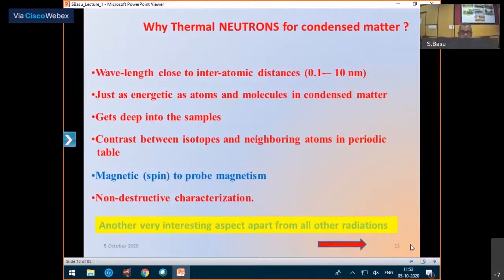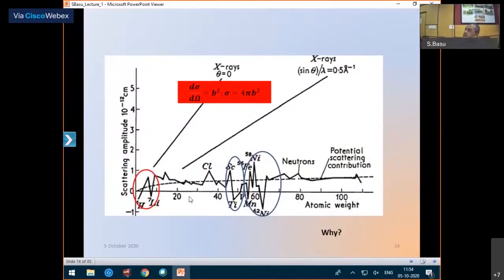As I told you earlier, the neutron scattering cross section or scattering amplitude goes zigzag over the periodic table, unlike X-rays. X-rays follow Moseley's law and vary systematically across the periodic table. So it goes as Z minus sigma, if I remember it correctly.